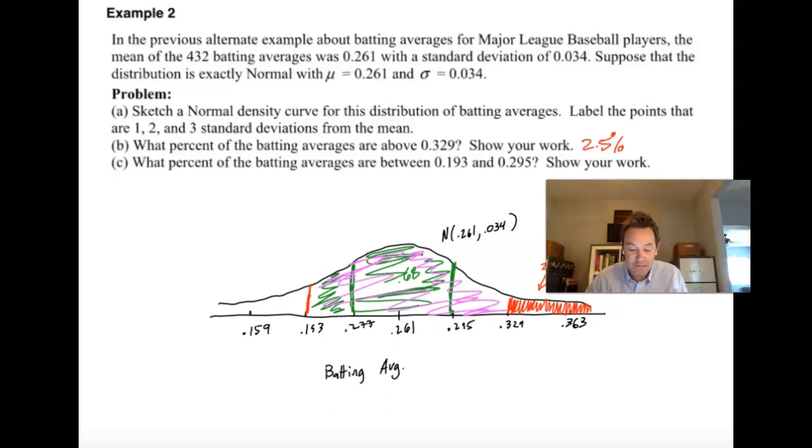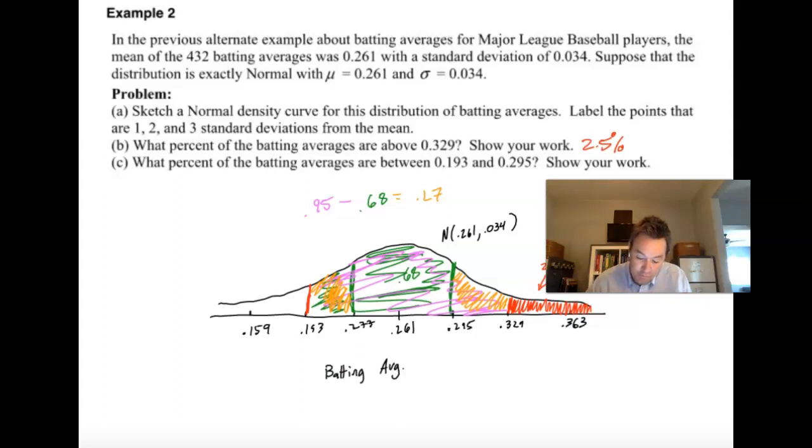So if I do just the 0.95 minus the 0.68, that's 0.27. And that's telling me what would be left in total in both these chunks, right? But I only need to add on one of those.